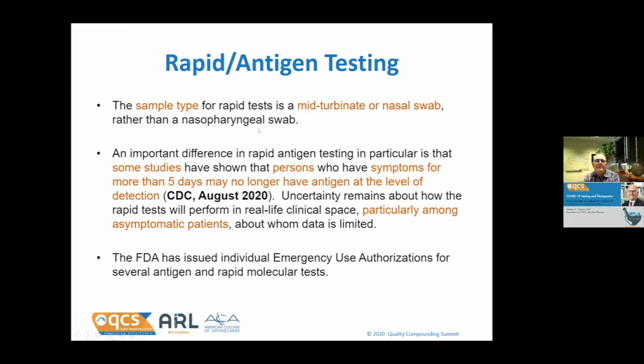The sample type, as we've just learned, mid-turbinate or the nasal swab is very important rather than nasopharyngeal swab. I thought this was a neat bullet from the CDC. Important difference in rapid testing in particular is that some studies have shown that persons who have symptoms for more than 5 days may no longer have the antigen at the level of detection.